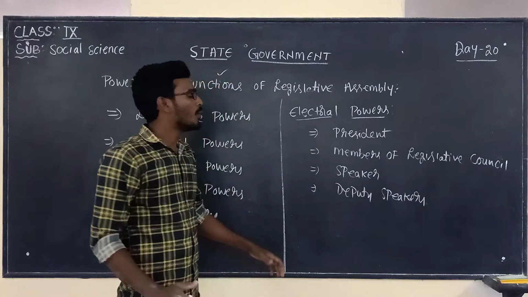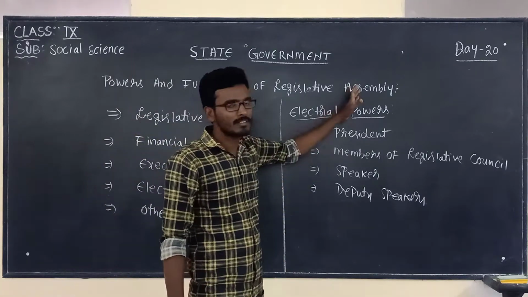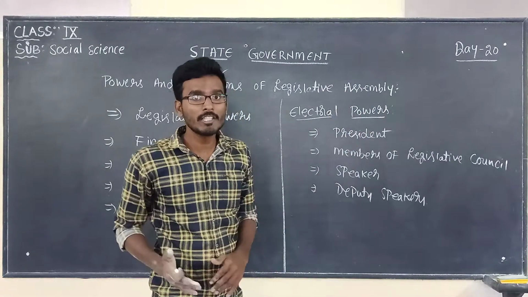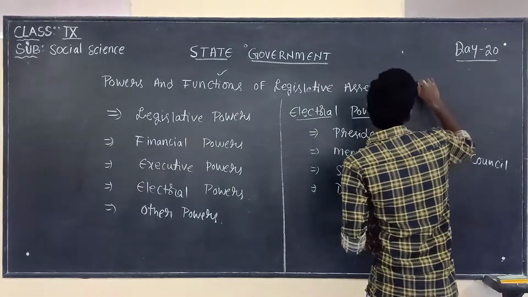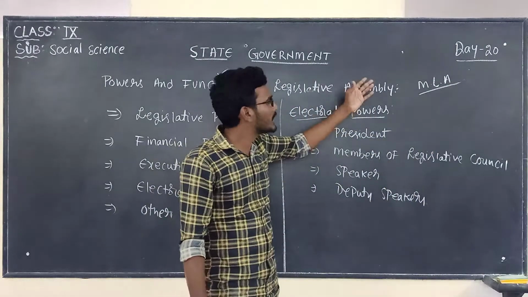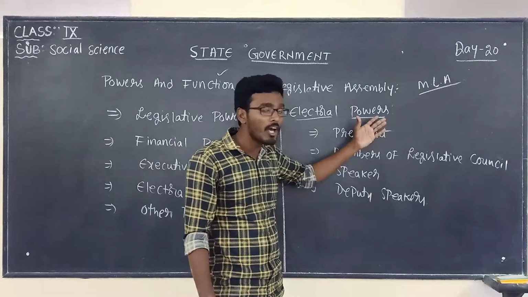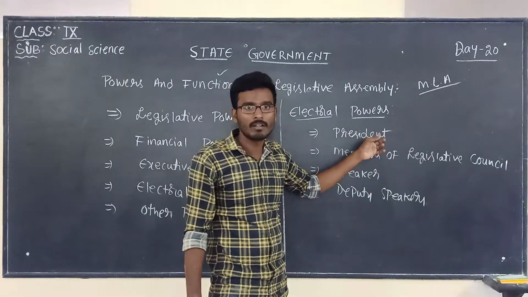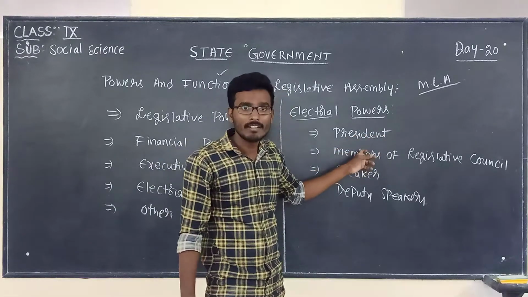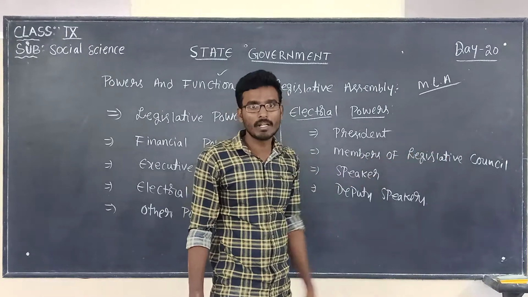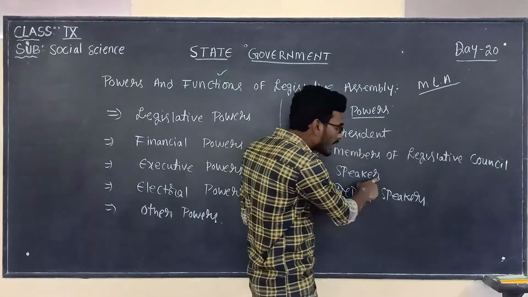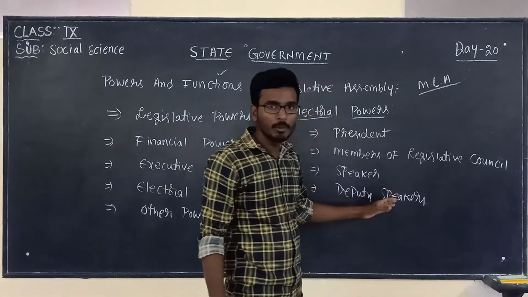So if the question asks what are the electoral powers of a legislative assembly, how can you term a member of a legislative assembly? MLA, member of legislative assembly. So the members of legislative assembly have the power to elect the President of India, and they have the power to elect the members of the upper house, which is nothing but the legislative council, and they have the right to elect the speaker in the house, and after that the deputy speaker.